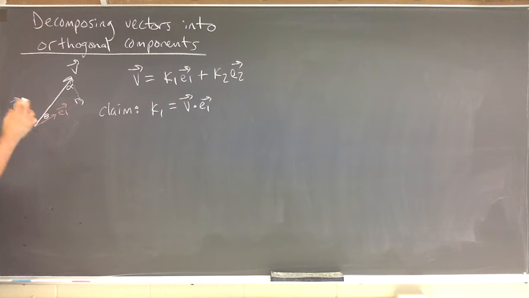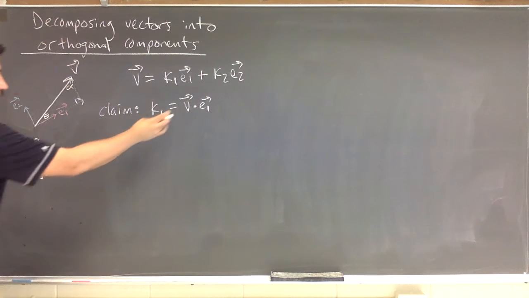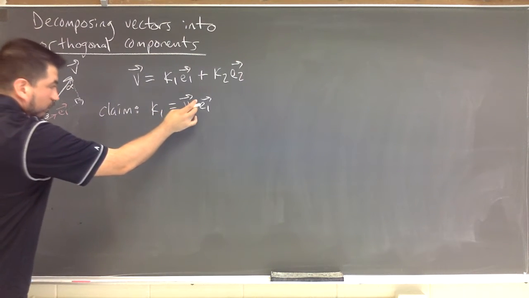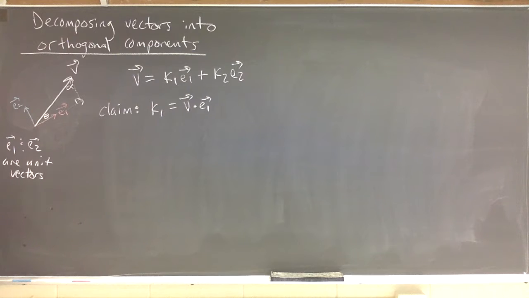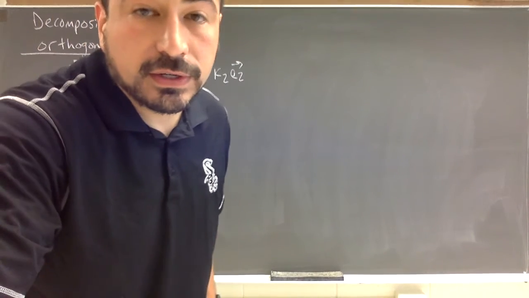E1 and E2 are unit vectors. As long as you have unit vectors, you can just take the dot product of the original vector with the directional unit vector that you're choosing to use.